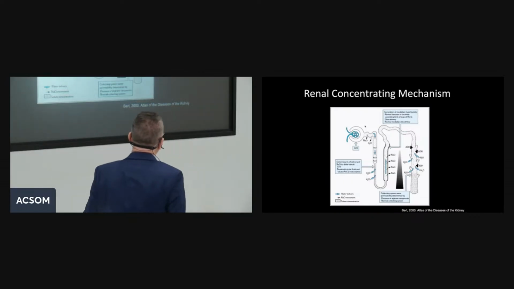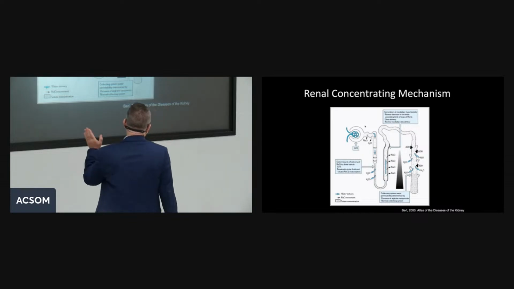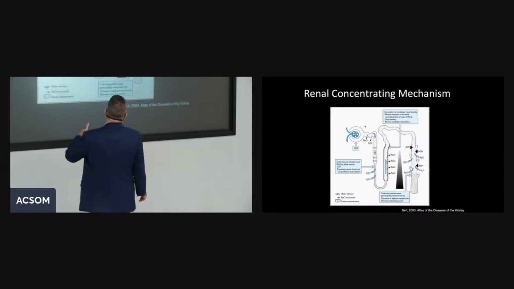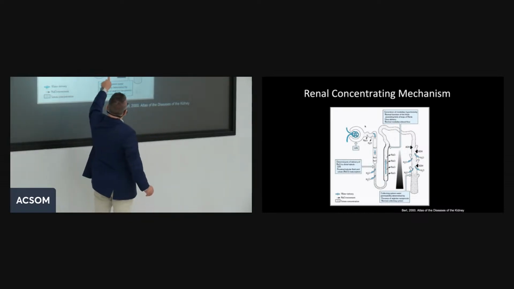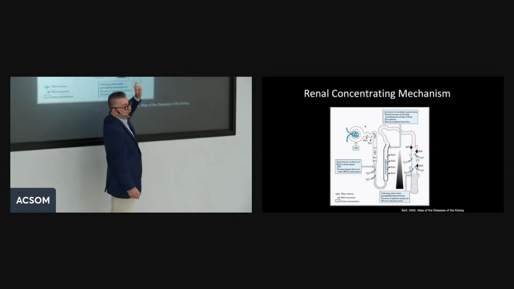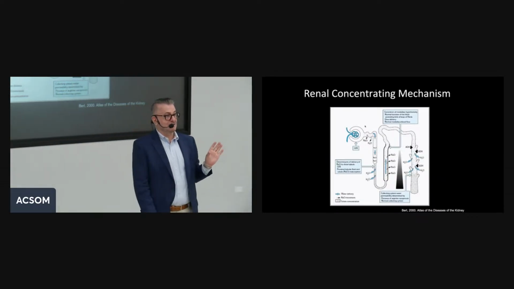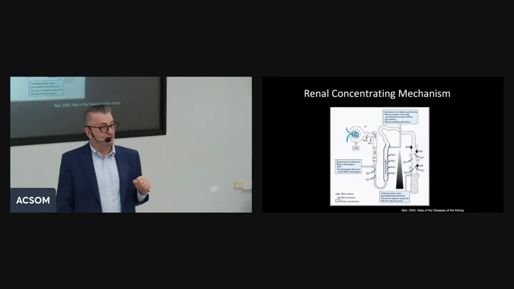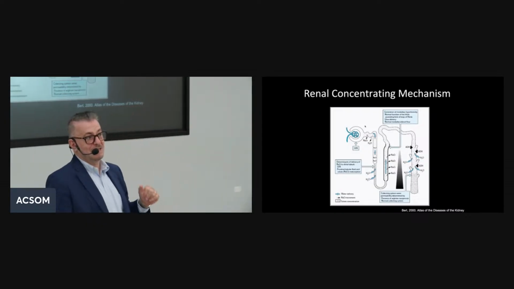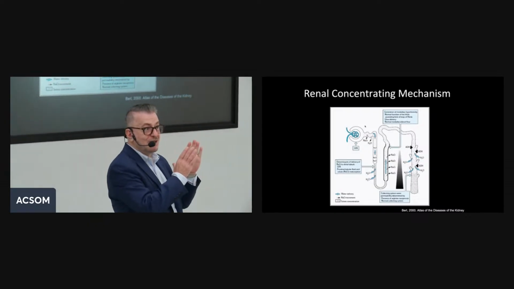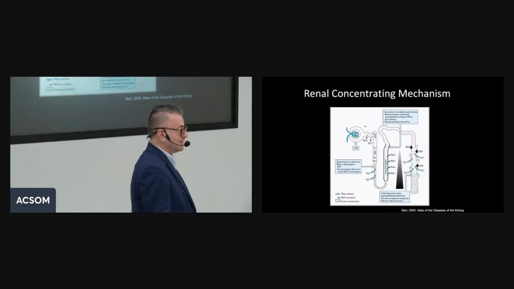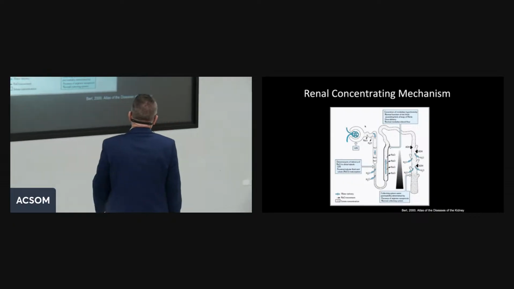The body makes it by absorption of sodium in the proximal tubule and later in the loop of Henle. It generates a concentration of sodium against which water can get reabsorbed. If you don't have that gradient of sodium in the medullary part of the kidney, water cannot get reabsorbed, because you need some osmolality in the kidney for the ADH to kick in.